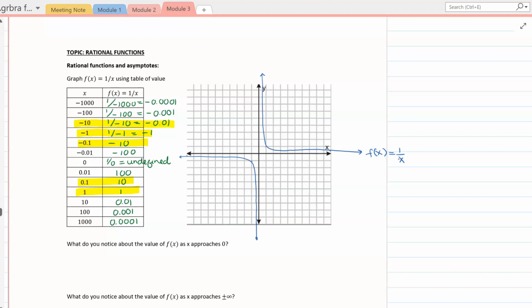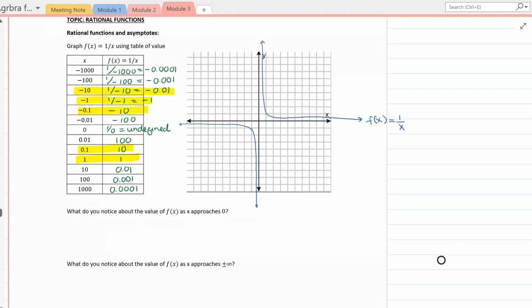Note that as x approaches 0 from the left hand side, you can see that the value of f of x, the value of y, is increasingly bigger.